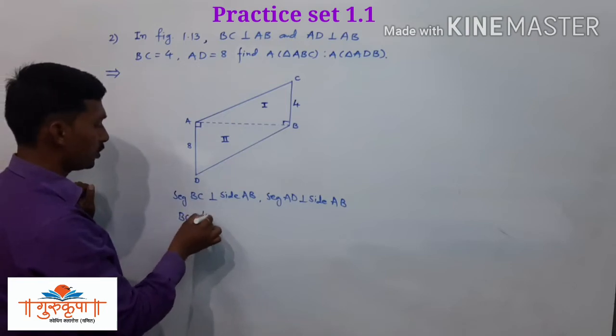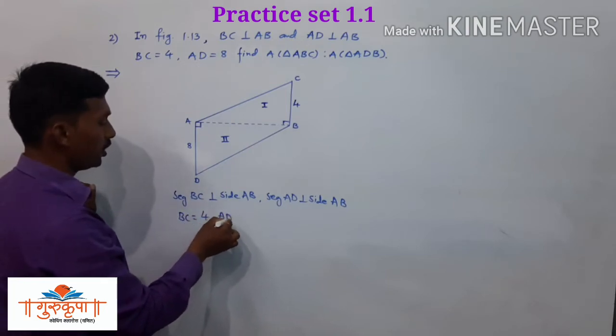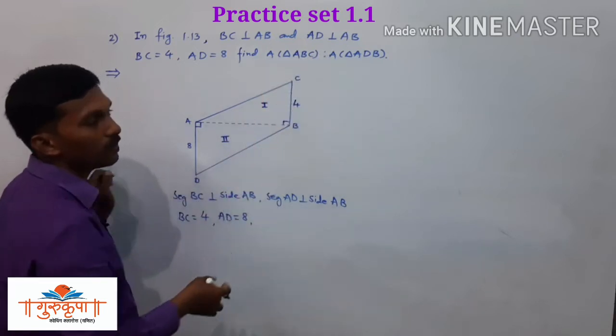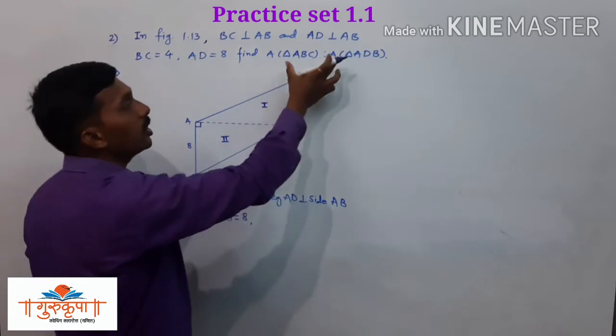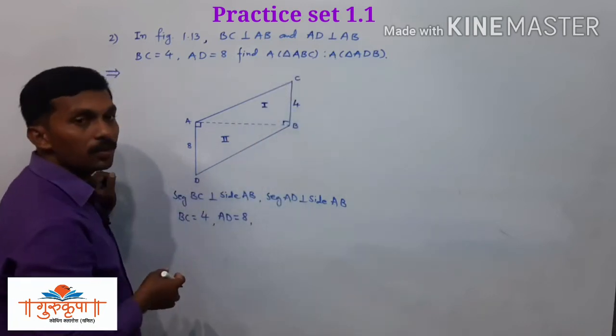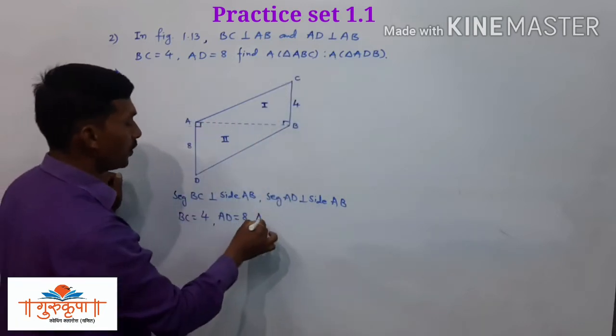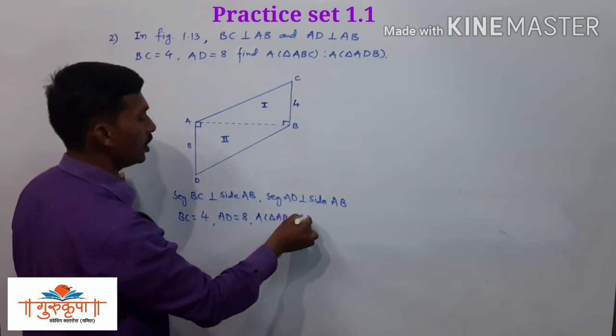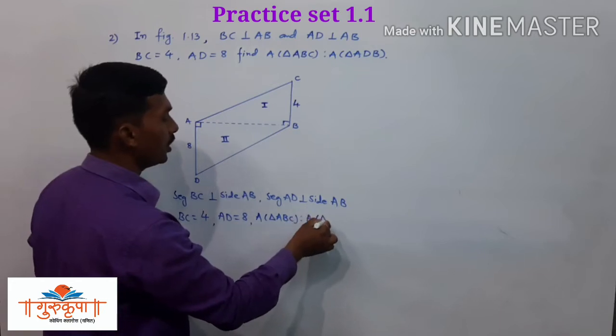That is the given information, and we have to find the ratio of the areas of the 2 given triangles. That is, we have to find area of triangle ABC is to area of triangle ADB.